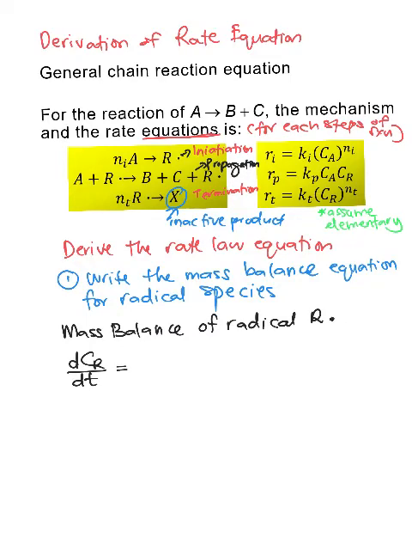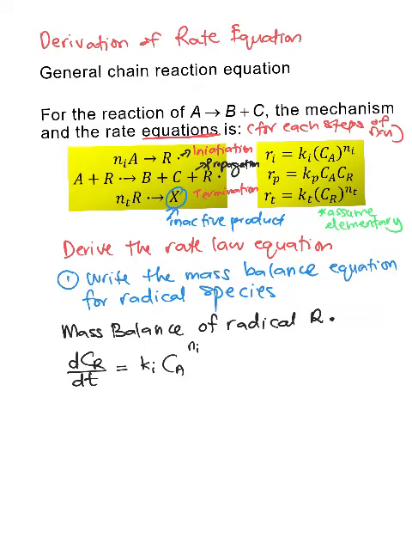Remember, we assume the radical is the intermediate product. So based on the rate law for each step, in the first step, R is produced: Ki Ca power of Ni, only one R produced.